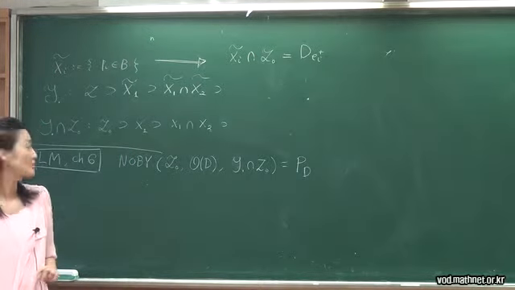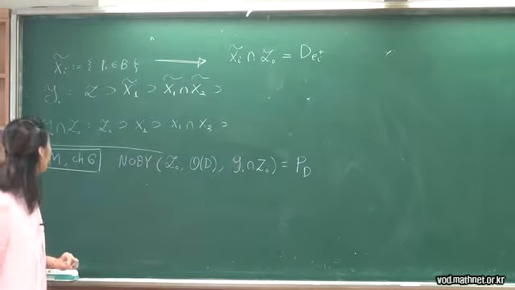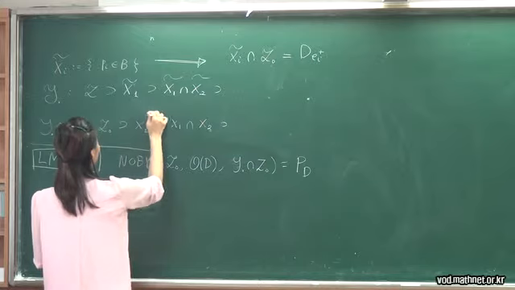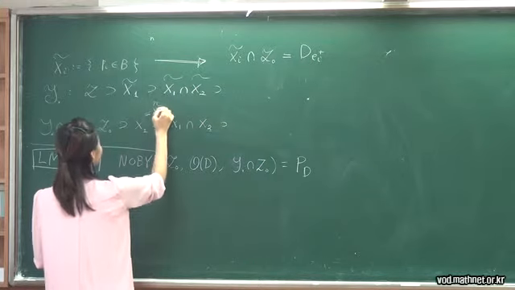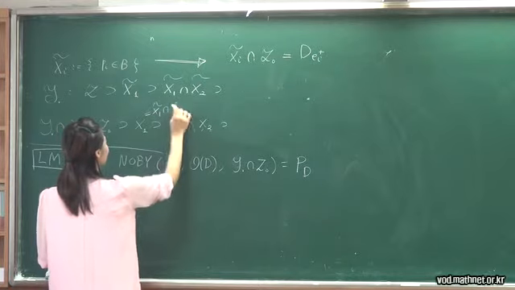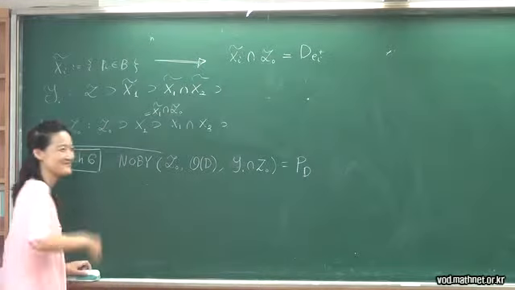Sorry, what are the xi's in the second and third lines? Oh, x1 is x tilde 1 intersecting with Y. Yes, thank you, it's better to imagine.